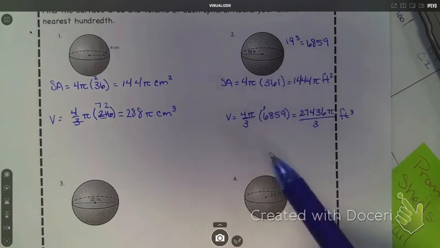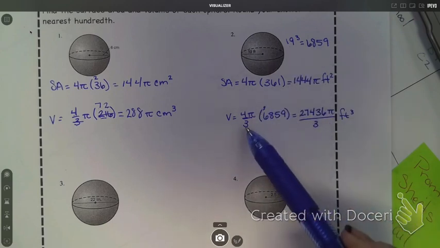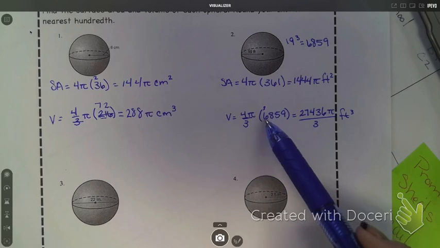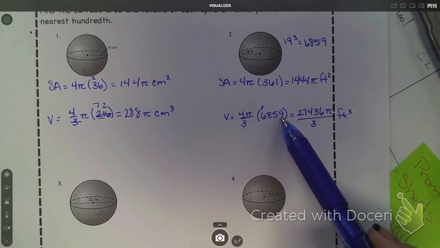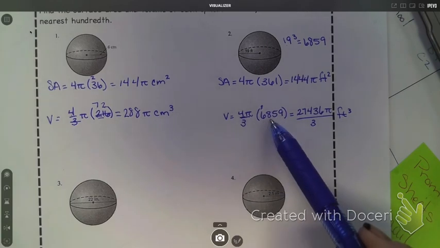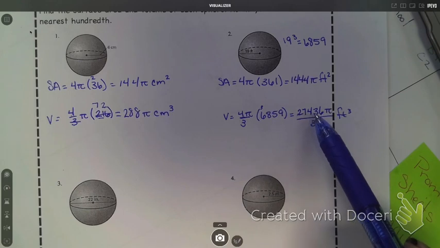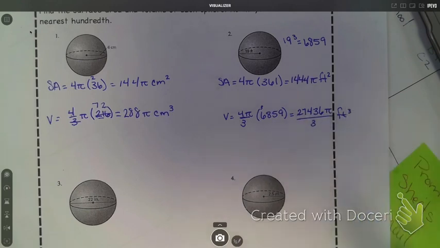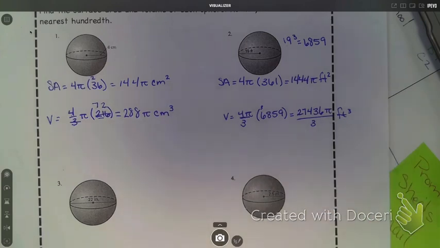So, and then like 361, but we're trying to get to 3. If I add them up, this is 14 plus 14 is 28. Does 3 go into 28? Nope, so it doesn't reduce. So I get 27,436 over 3 pi feet cubed. Yes? Okay.